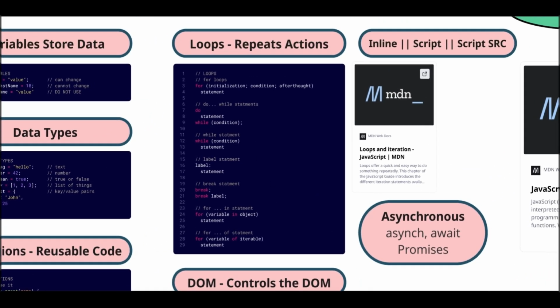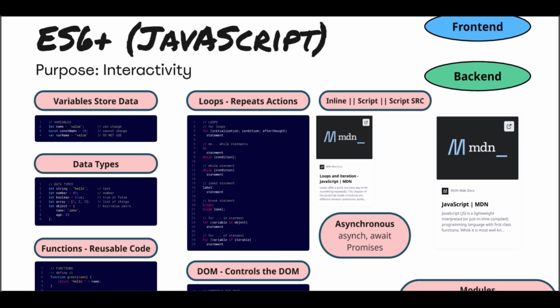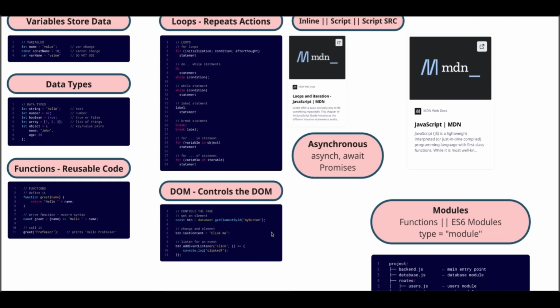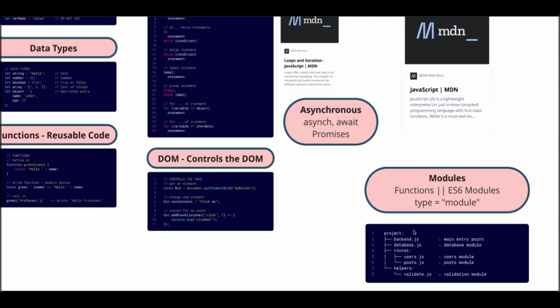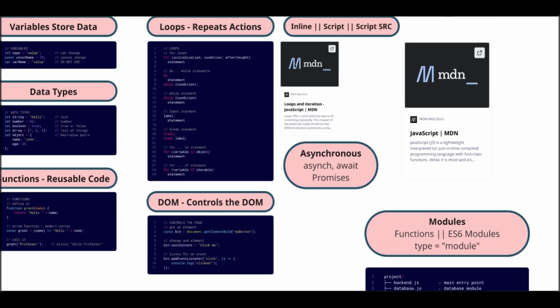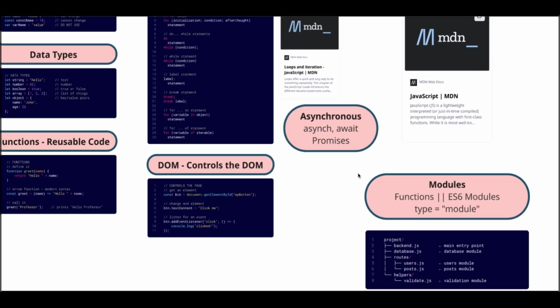Loops are an important function because they can create a repetition based on the specific criteria that are outlined. JavaScript can also be used to control the DOM and overall interactivity. MDN is also another valuable tool again here.